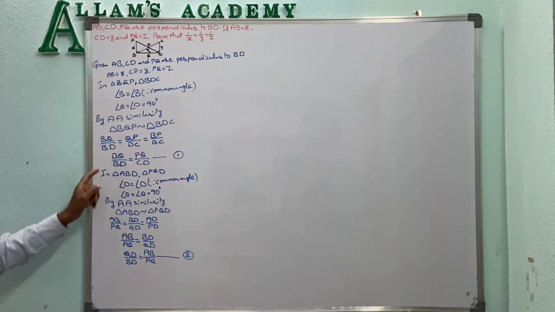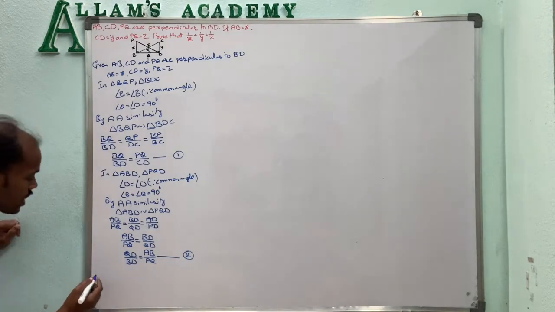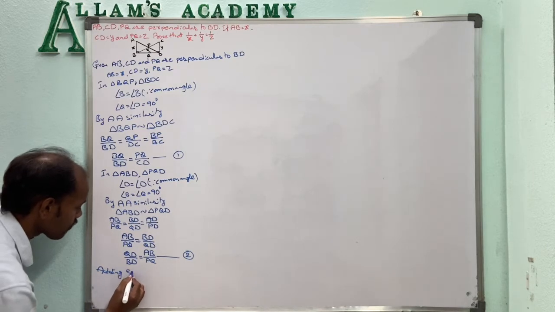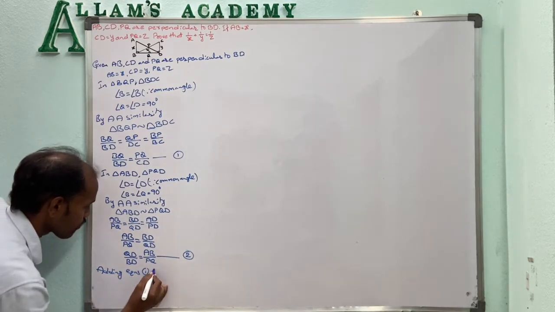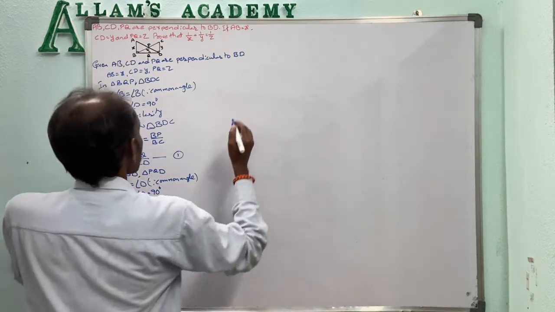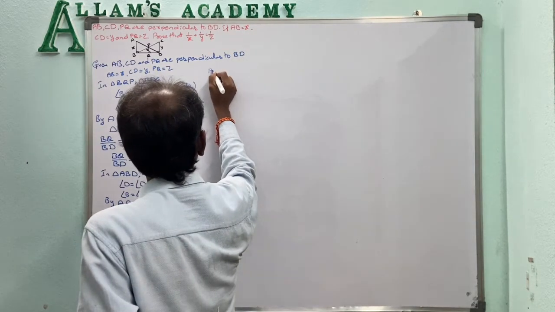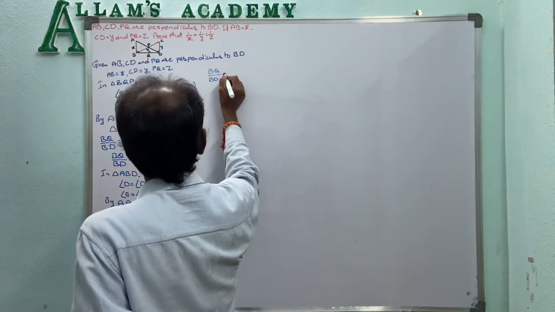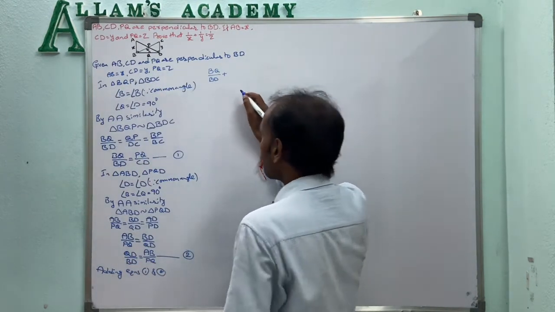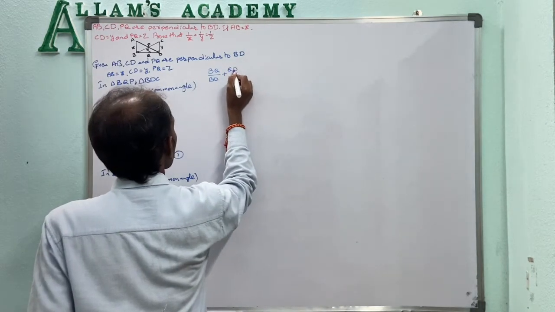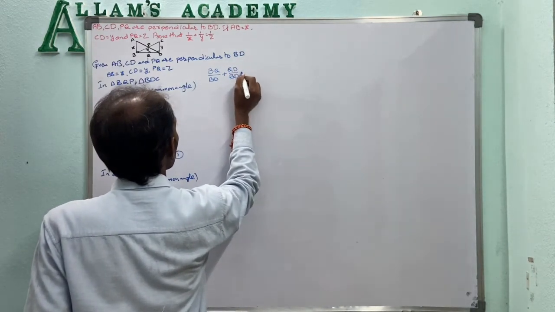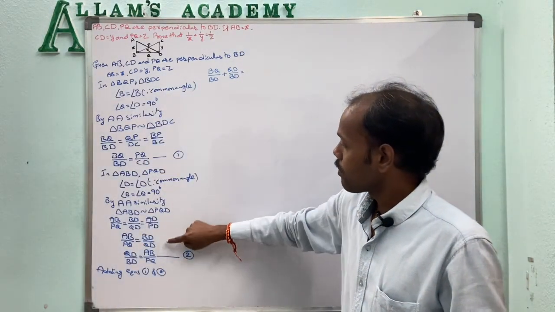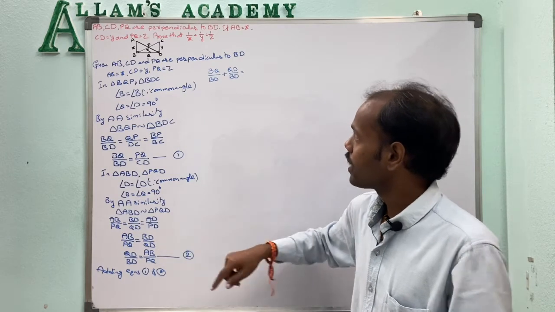Now adding equation 1 and equation 2. BQ by BD plus QD by BD equal to PQ by CD plus AB by PQ.